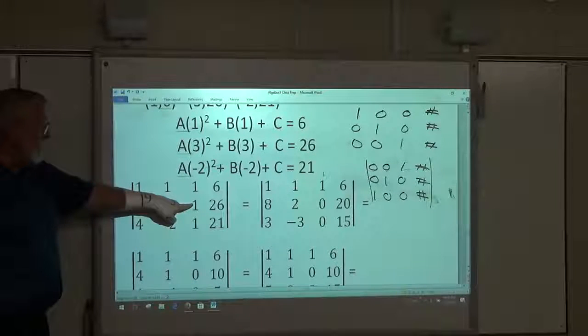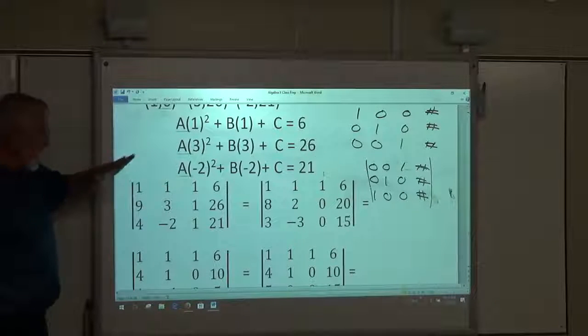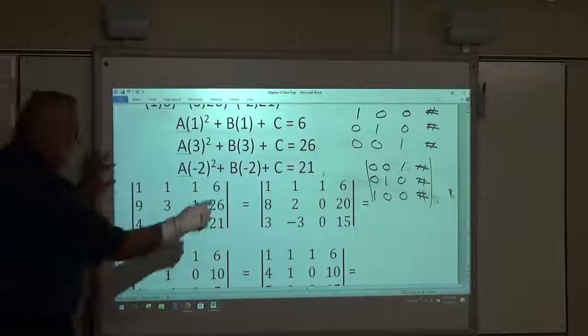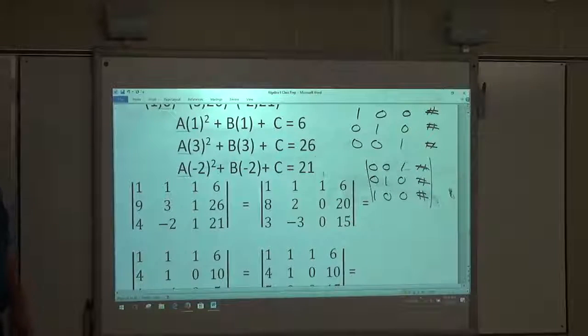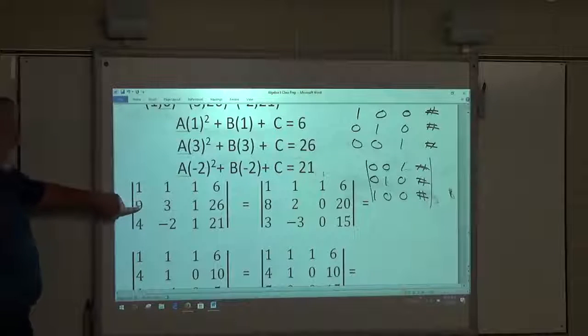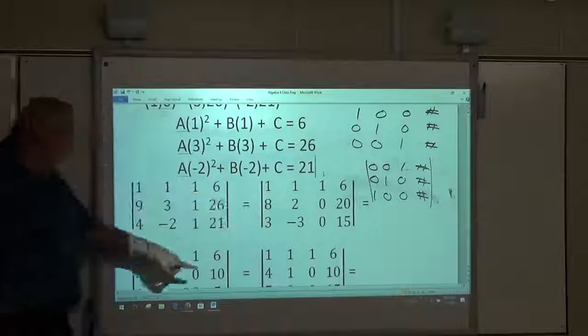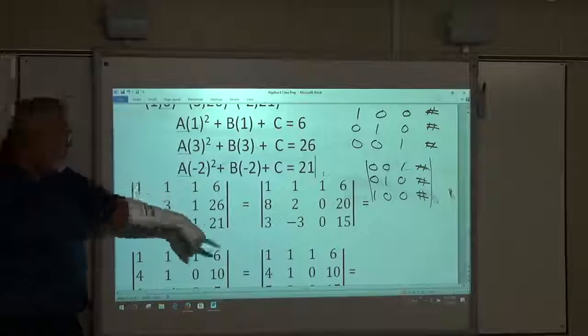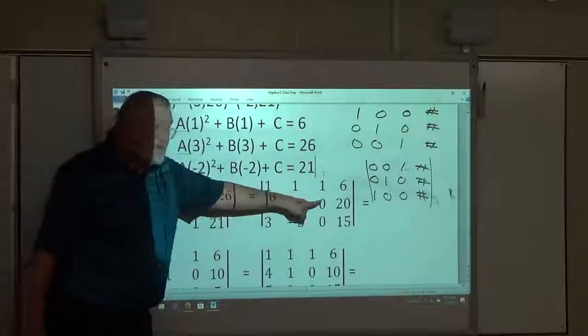How do I get a 0 here? I take this line, subtract this line, and put it in the second line. So the first thing I do is copy the top line, because I'm not going to change it right now. And then I say 9, subtract 1, 8. 3, subtract 1, 2. 1, subtract 1, 0.